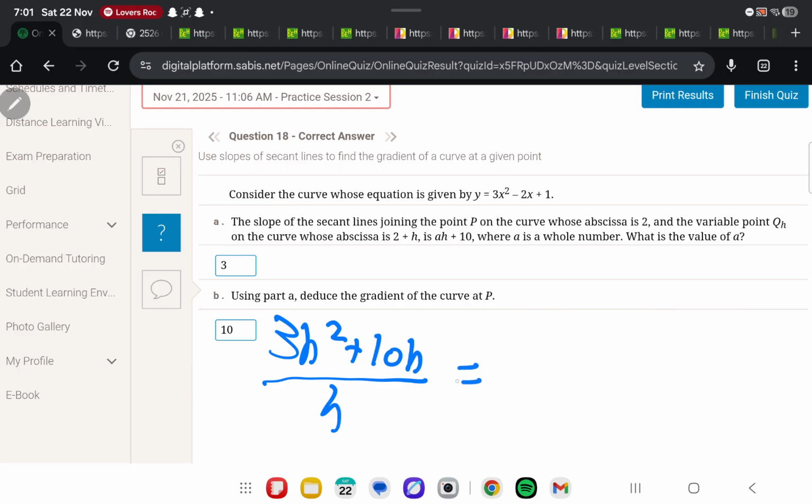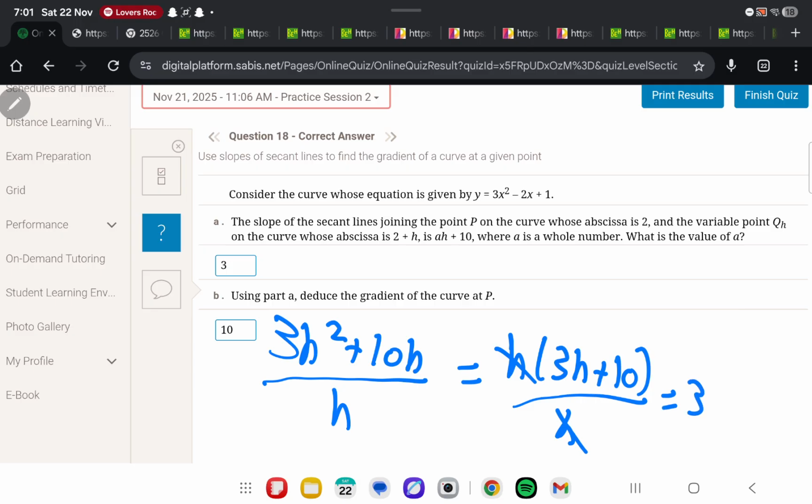Okay, factor h out. h into 3h plus 10 over h. h with h cancel out. So you'll get 3h plus 10. Now, they told you the slope is Ah plus 10. Ah plus 10, 3h plus 10. So obviously A is 3, right? Because it's in the same form.